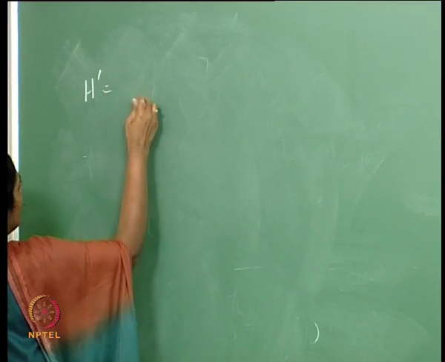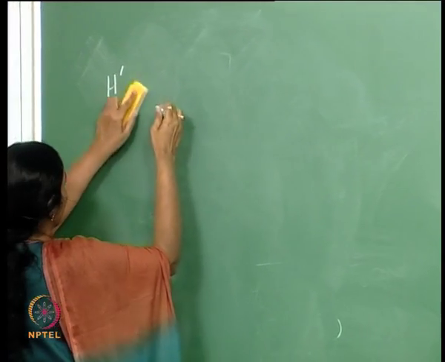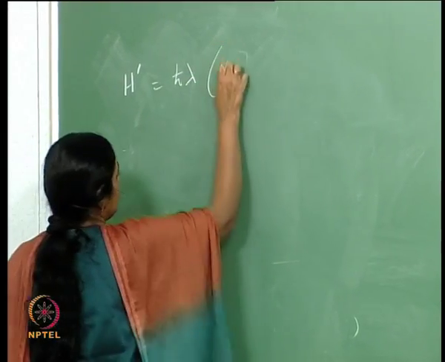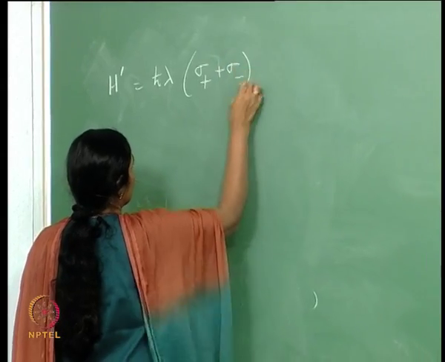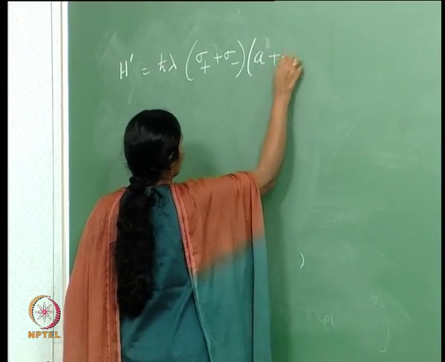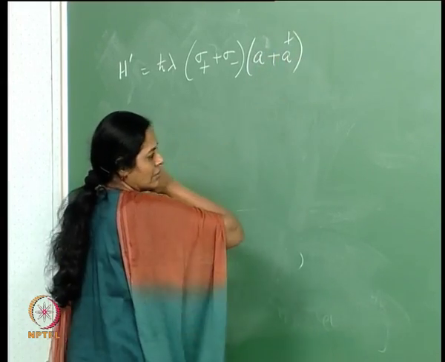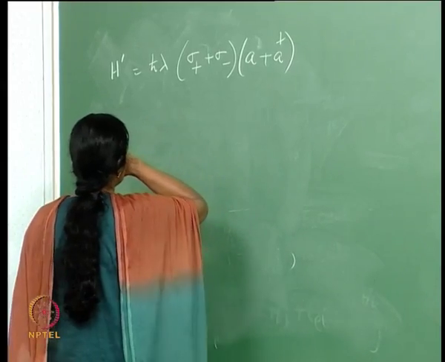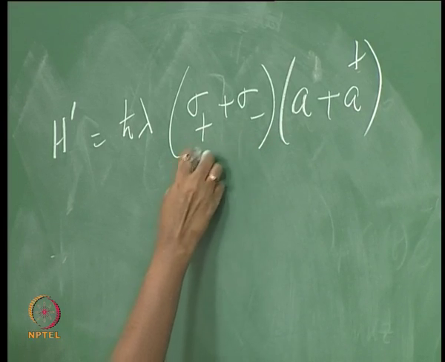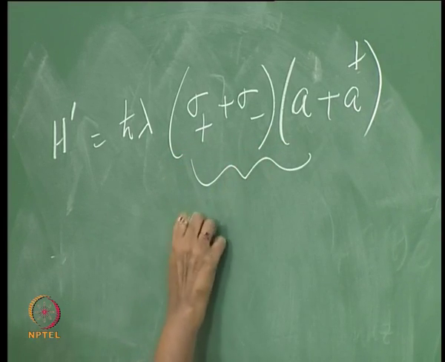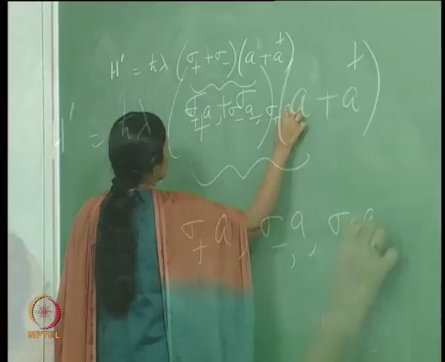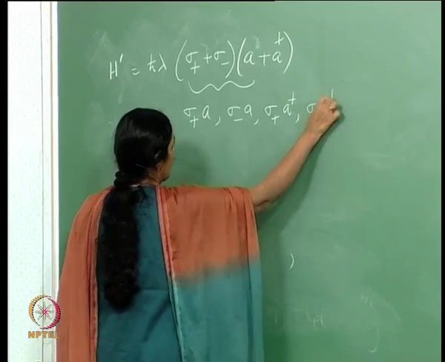H prime is essentially, I can write it as some h cross lambda for dimensions, sigma plus plus sigma minus, times A plus A dagger. But if you now look at the combination, what are the terms? This gives me the terms sigma plus A, sigma minus A, sigma plus A dagger, sigma minus A dagger.